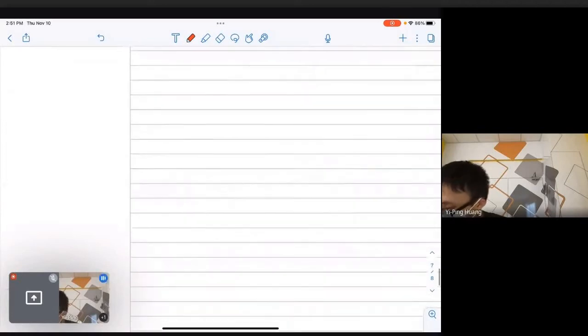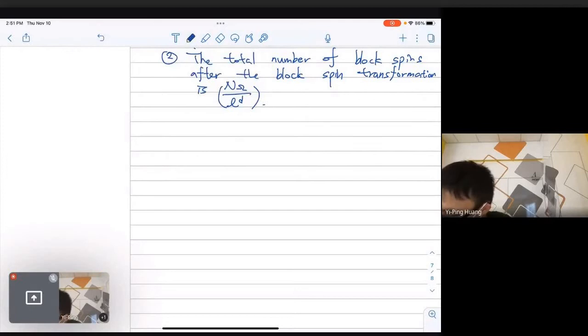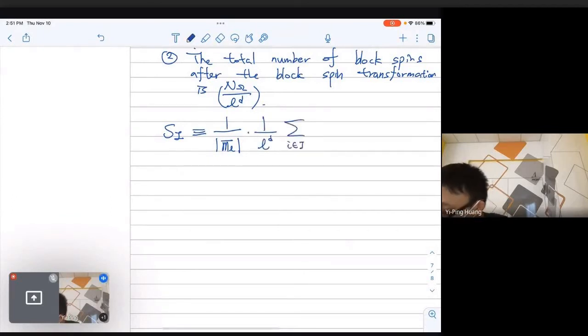Then I'm going to write down the definition of the block spin. It basically looks like this. This S_I means the block spin centered at position I, and its value is defined to be 1 divided by m_L bar, and I'll describe what m_L bar is, times 1 divided by L^d, times the summation over i belonging to this block of s_i.